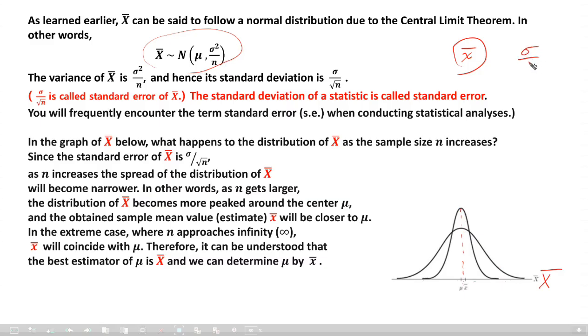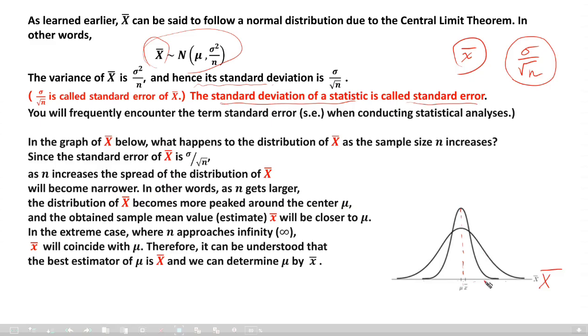So sigma over root n is the standard deviation. Since X bar is a statistic, we call this standard deviation the standard error of X bar. So standard error means standard deviation.